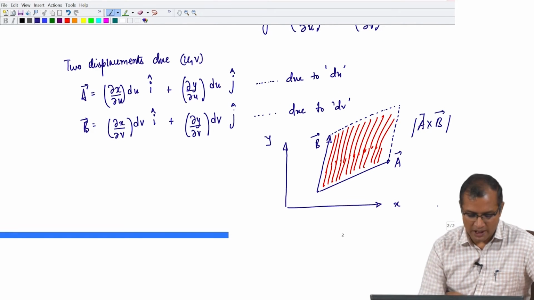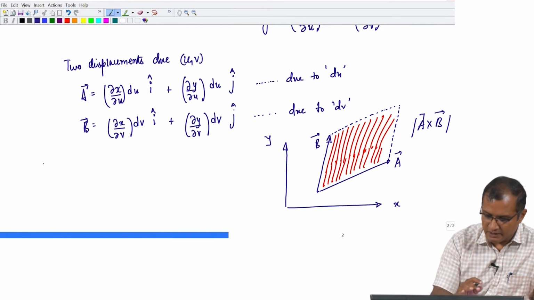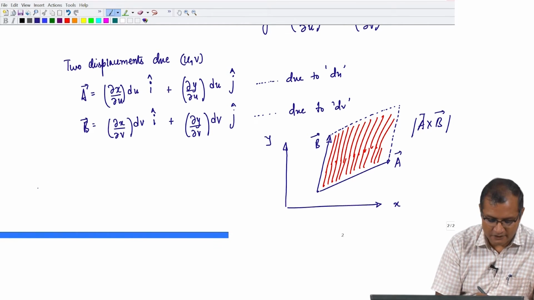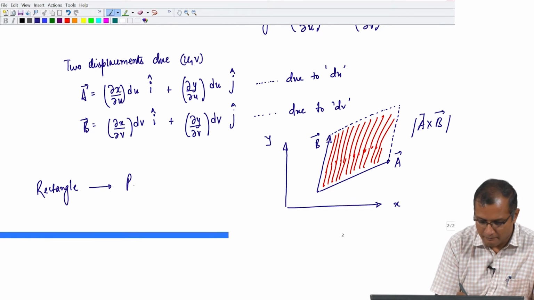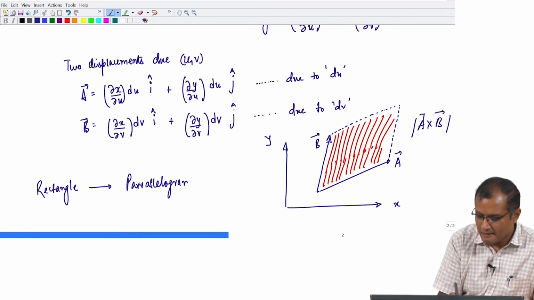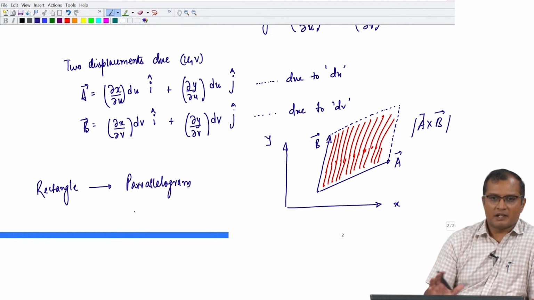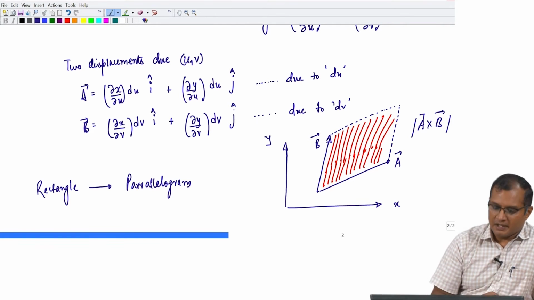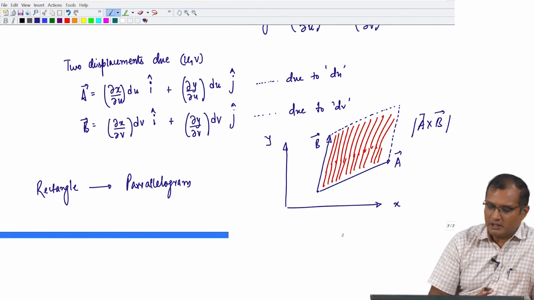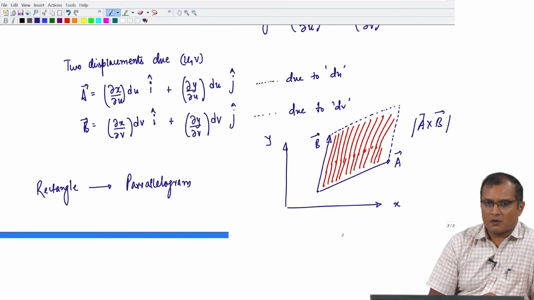Okay. So, in terms of the coordinates, what I have done essentially is that I have transformed a rectangle into a parallelogram. Either I can work in terms of x y, then my total area swept is dx dy, or I can compute A cross B, that is the area.